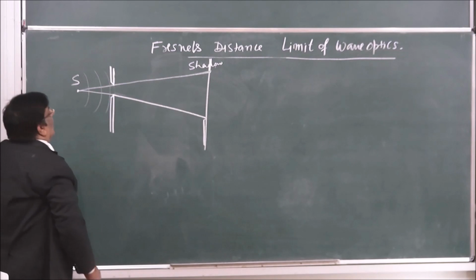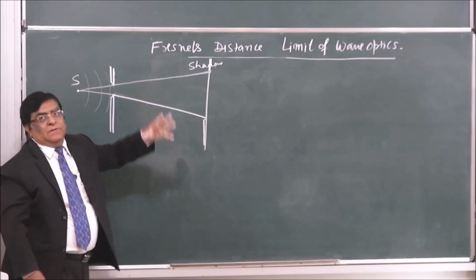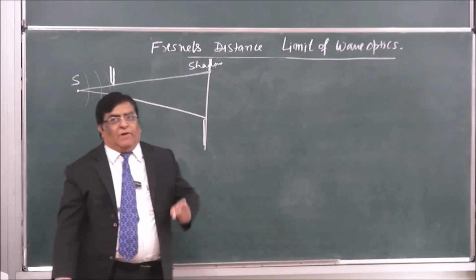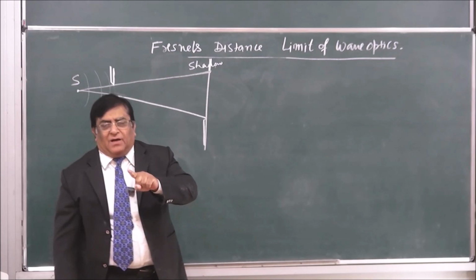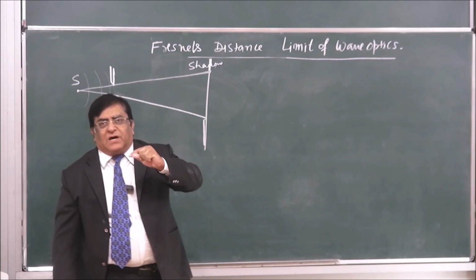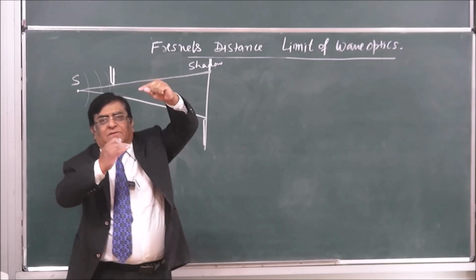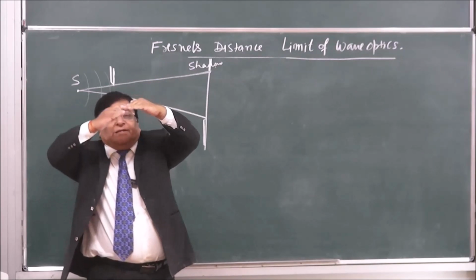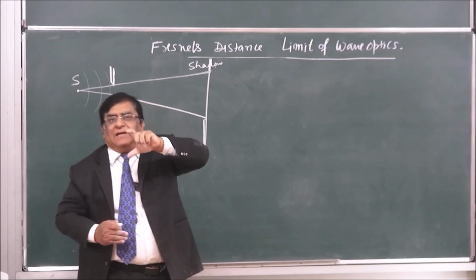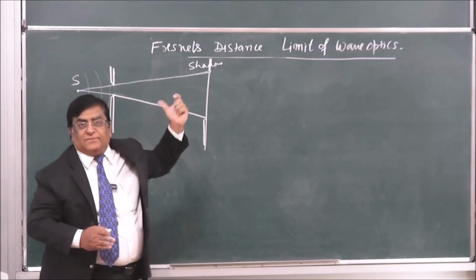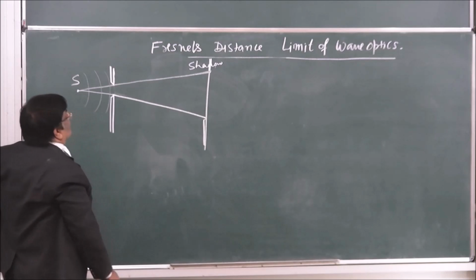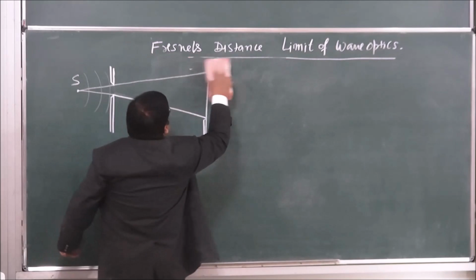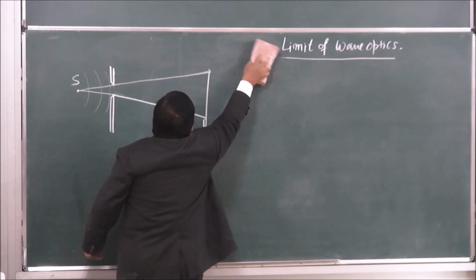And from here, the waves, I know I will have to make the central maxima, then the first dark on one side, first dark on the other side. In between, I will get the central maxima, and that will be the image of this opening. Sorry, I will write it again.